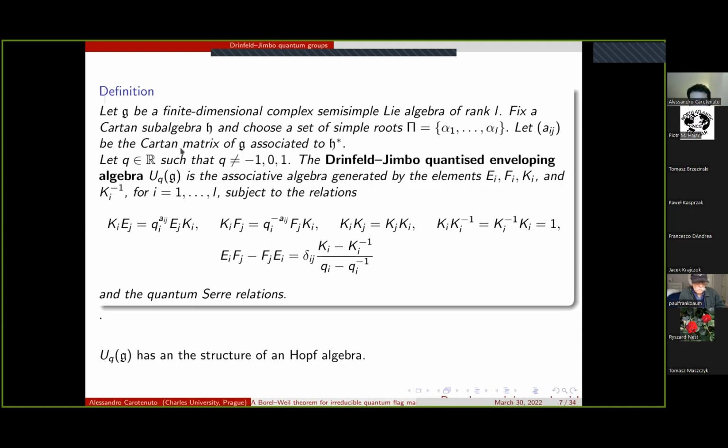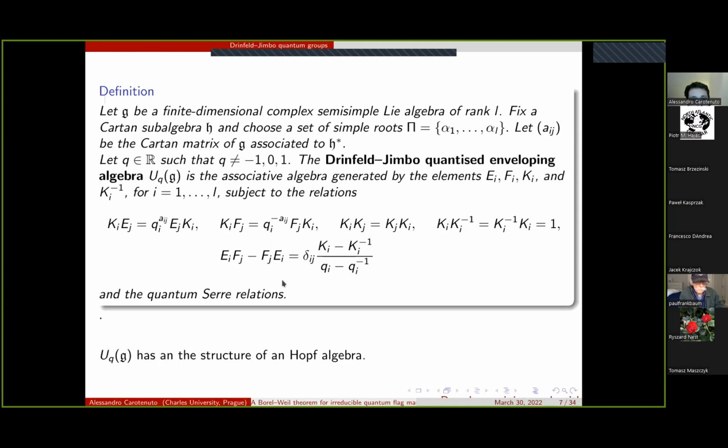So if we fix a Cartan subalgebra h and we choose a set of simple roots, we have corresponding to it a Cartan matrix of g. And the non-commutative deformation of the enveloping algebra is given by this set of commutation relations and the quantum Serre relations that I omitted because there's just so little space on a slide.